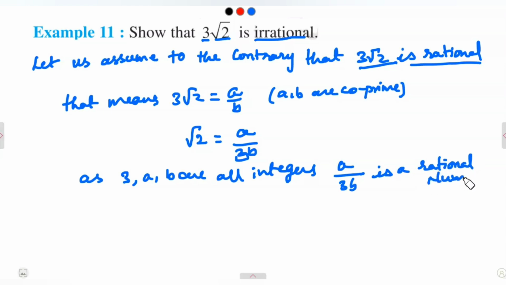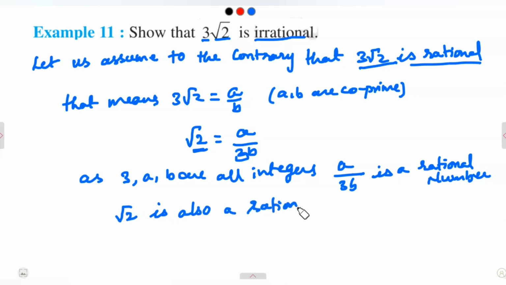If it is a rational number, what happens to root 2? Root 2 is also a rational number. If a by 3b is equal to root 2, right? So if this is rational, root 2 is also rational.